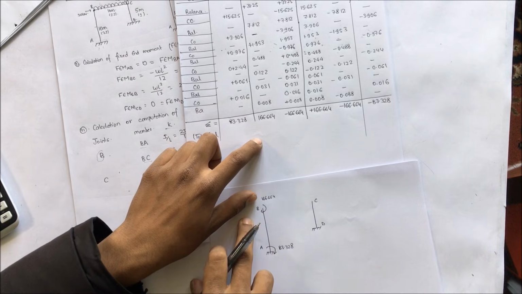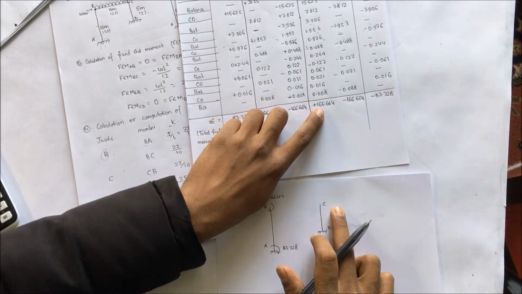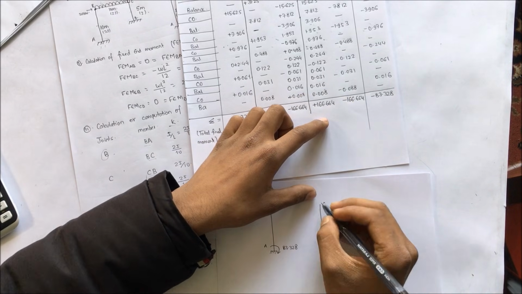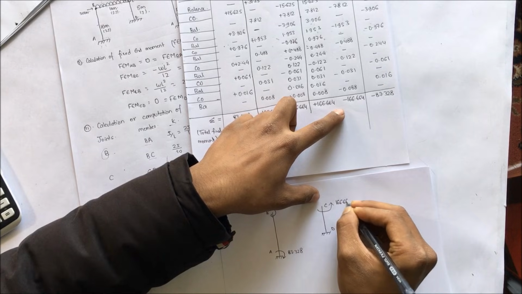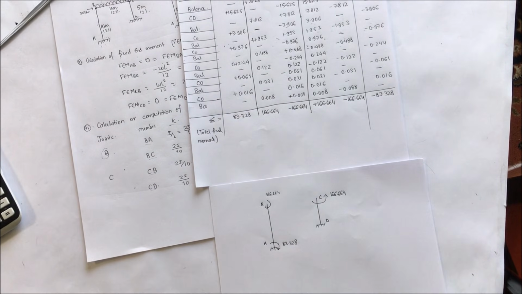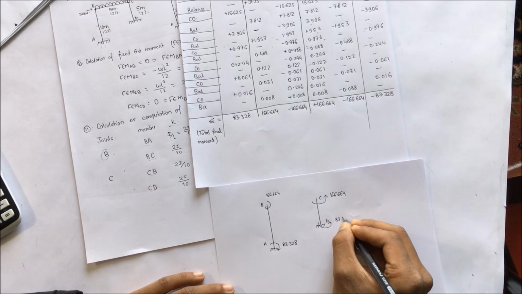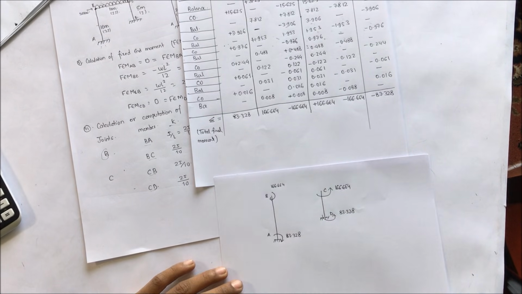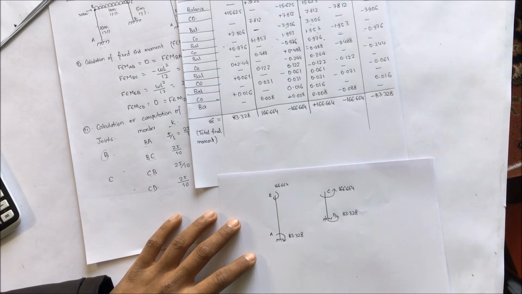So BC positive 166.64. Now at point C, CB is not considered but CD is considered, so it becomes anti-clockwise 166.664, and at point D again anti-clockwise 83.328. This is the moment generated in AB and CD.